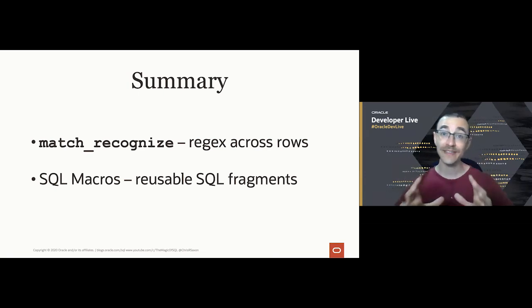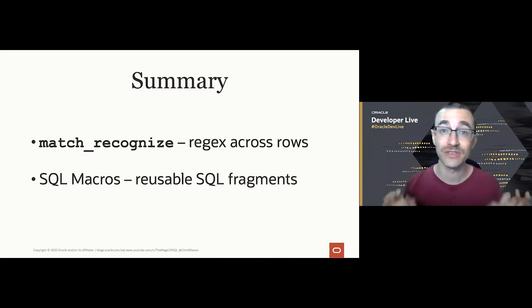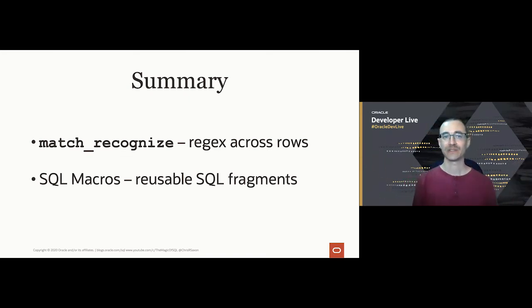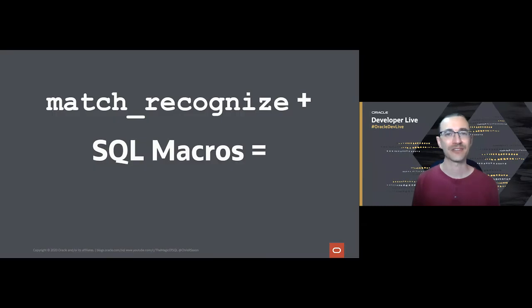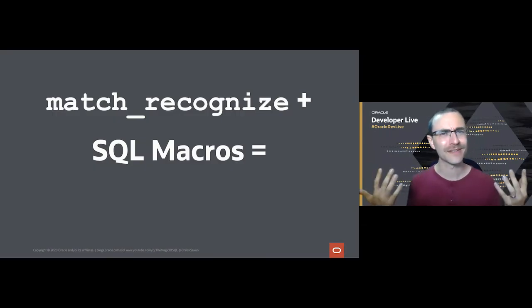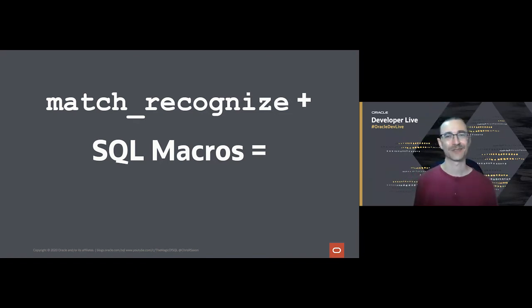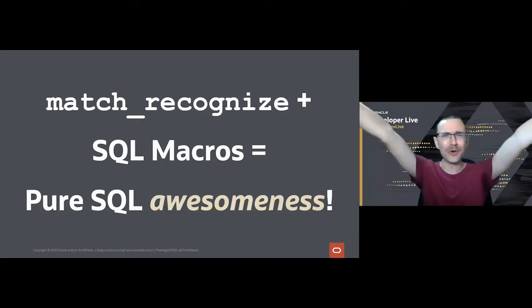They return the text or part of the text of a SQL statement at parse time, and the database figures out what this is and resolves it, becomes part of the final SQL statement, and it is as if the function does not exist. We're just running SQL at that point. So we've got these really cool features, match recognize and Sql macros. By combining these, we can bring SQL firmly into the 21st century and unlock pure SQL awesomeness.